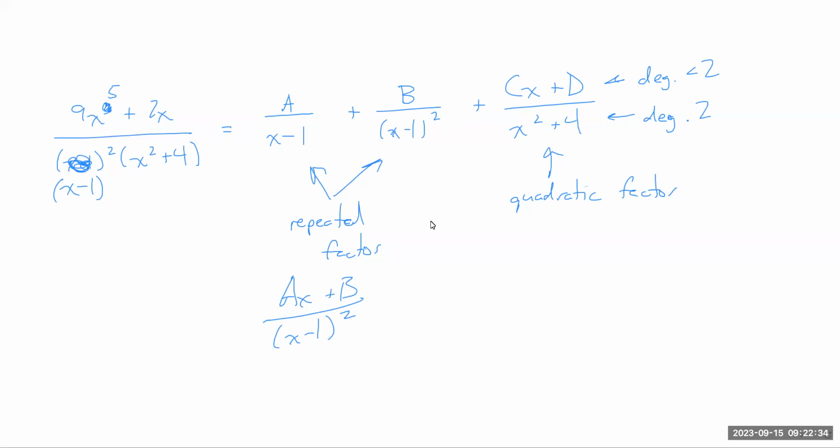I don't think that's going to help convince you. Let me substitute that for a simpler example, an easier way for me to convince you of what we're doing. So 9x to the 5th plus 2x over x squared times x squared plus 4.